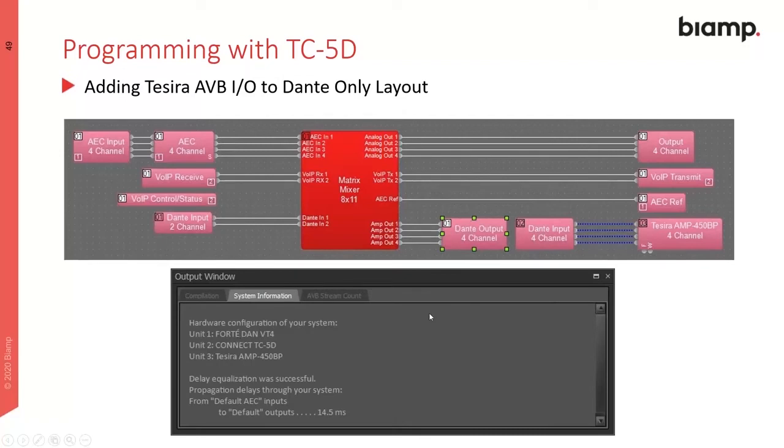Go to the Dante Controller, assign the flows between unit 1, which is the Tesira Forte DAN, and unit 2, which is the TC5D, and assign them together to make sure that the audio is bridged from AVB into Dante, then back to AVB to the amplifier.